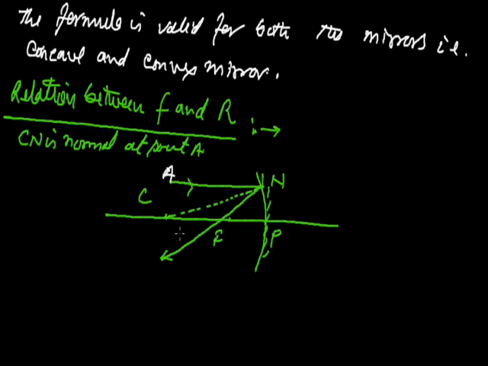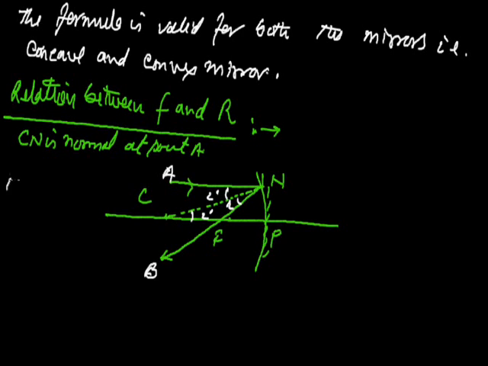This point is A. This point is suppose B. The angle between the normal and the incident ray will be I. And the angle between the reflected ray and the normal is R. I and R will be the same. Here AN and CP are parallel lines, and CN is a transverse line, so this angle will also be angle I. But angles I and R are equal.